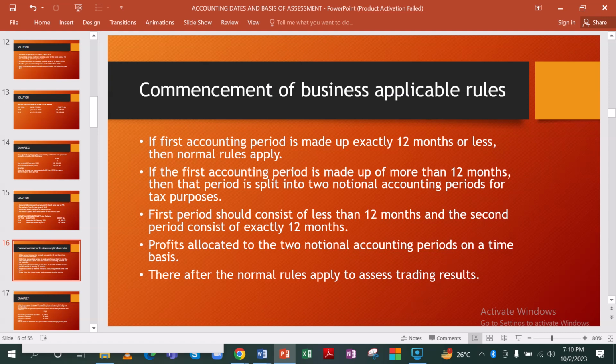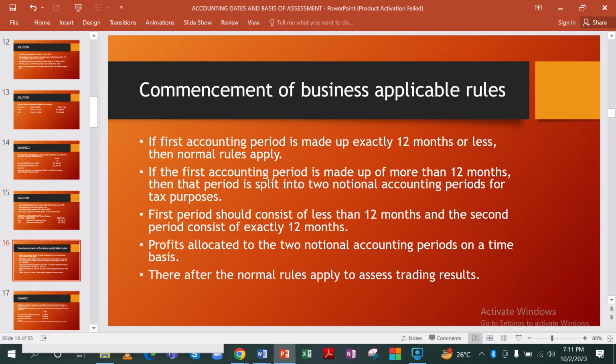When we say normal rules, we imply that, just as we have looked at, either you are looking at the period of account year end falling between 1st April and 31st December, therefore you apply current year basis, or you are looking at the accounting date falling between 1st January to 31st March, therefore use preceding year basis. So that's what we mean by normal rules apply.